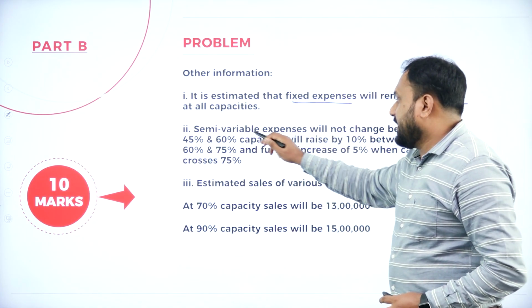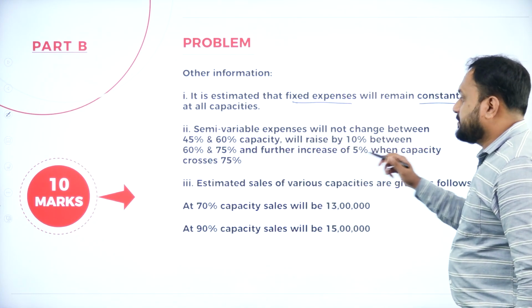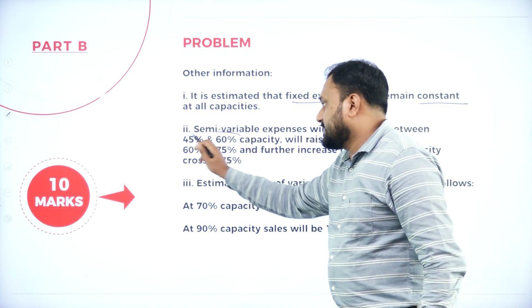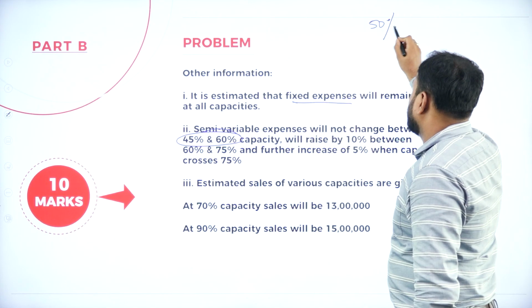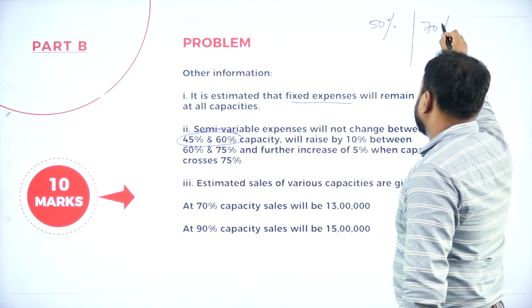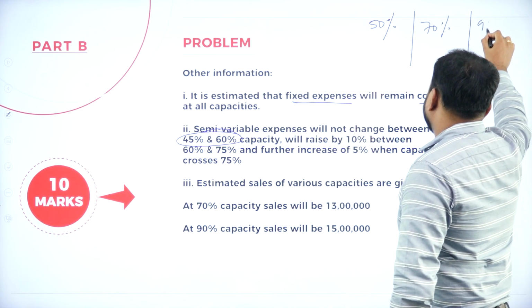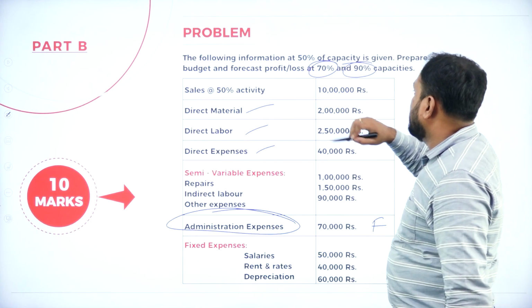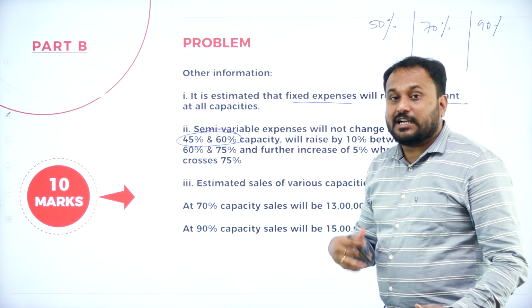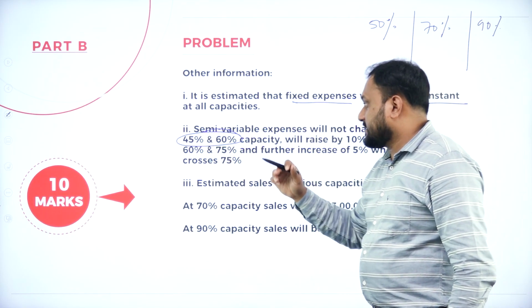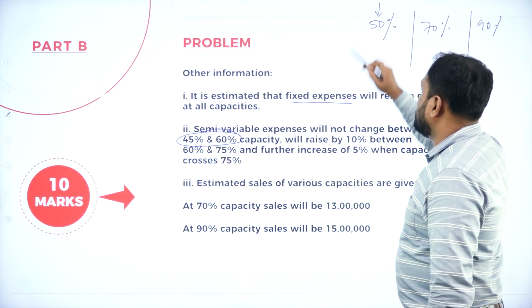Second, semi-variable expenses will not change between 45 and 60%. See here, we are supposed to prepare for 50%, for 70%, and for 90%. So what they say is semi-variable will not change at 45 and 60. That means here they will not change.